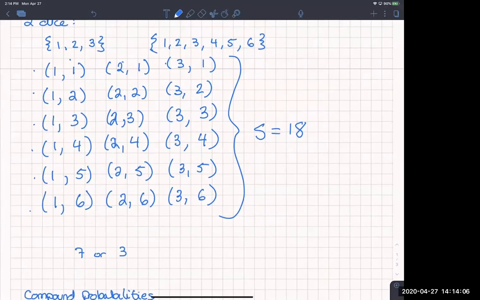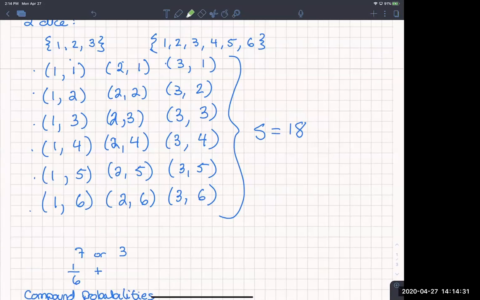Okay. So what's the probability of me rolling a 7 or a 3? Remember 7 or 3, so plus. We calculated the probability of 7 is 1/6. We can calculate the probability of rolling a 3 by saying which combinations give me a 3?